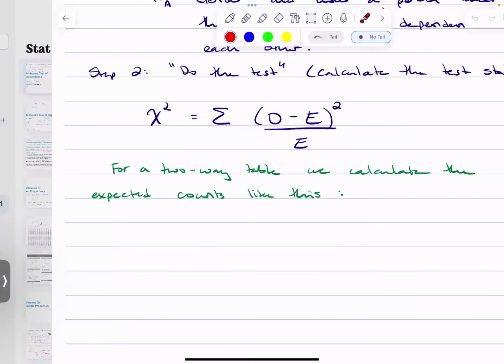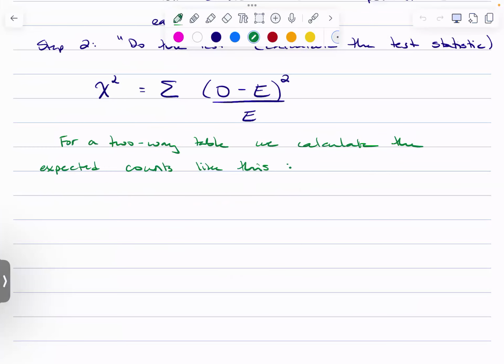So E_ij, which just means row i, column j, is the row total times the column total divided by the grand total.